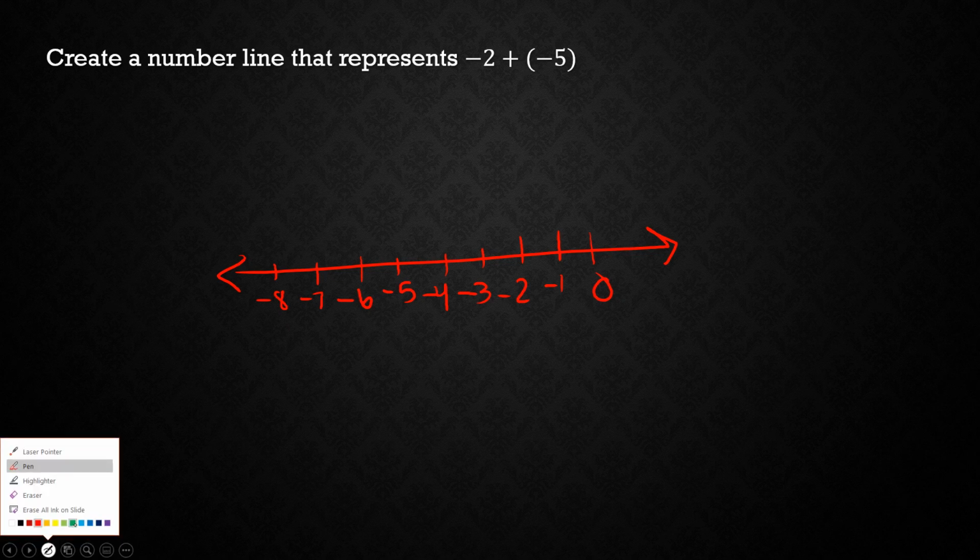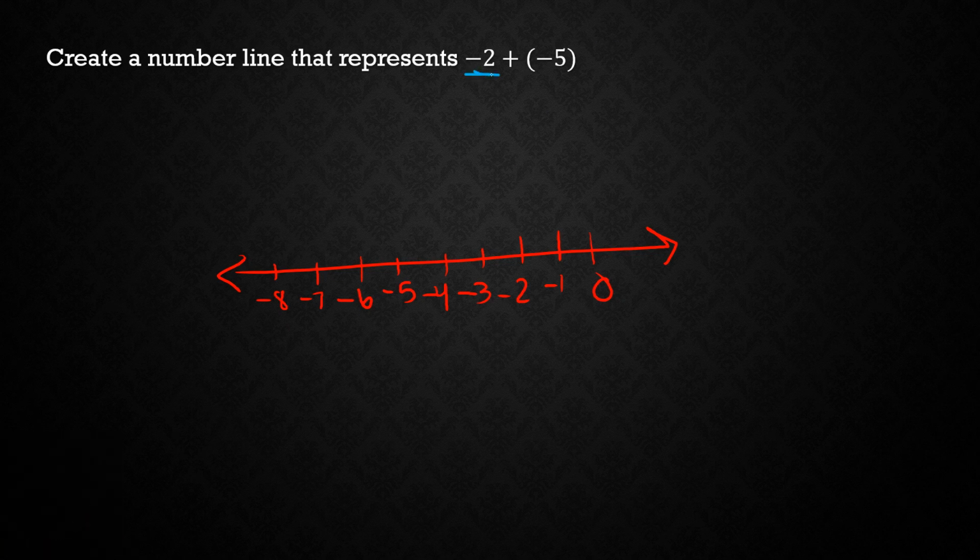Whenever you are looking at a number line, your first number, which here is -2, your arrow will always start on 0. Okay, where if you are looking at a number line, if you see an arrow that is above 0, that's where it's starting, that tells you that is your first number. So my arrow is going to start here at 0, and it's going to go back 2 spaces, so 1, 2. So that is my first arrow on my number line.